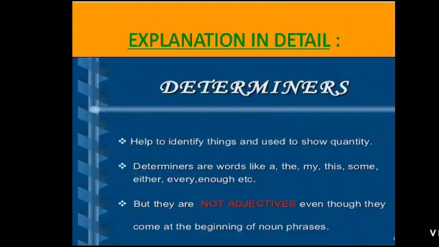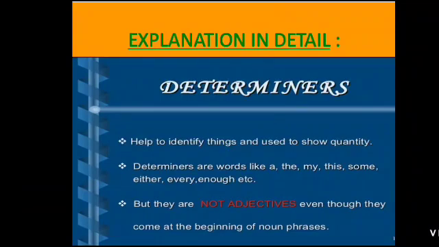Next, explanation in detail. Let us understand the determiners. They help to identify things and are used to show quantity, number, cardinals, ordinals: 1, 2, some, more, less, many. Then we say 21st, 22nd. So when we say some, more, many, much, little, a little, few, that means we are using these determiners to show the quantity of these nouns.